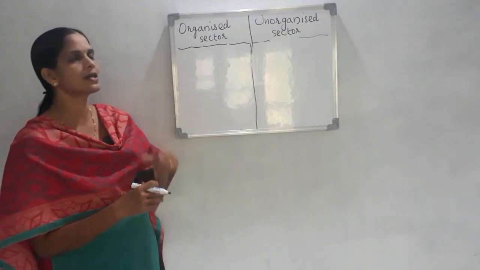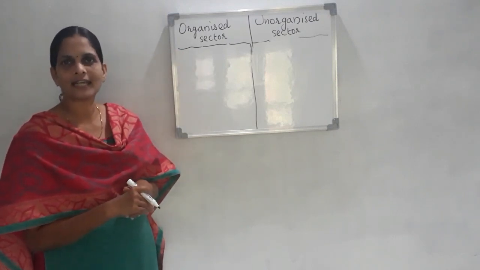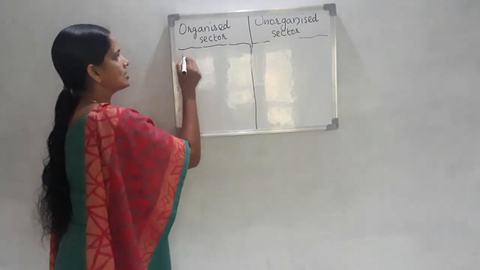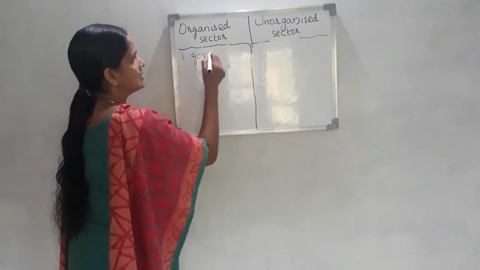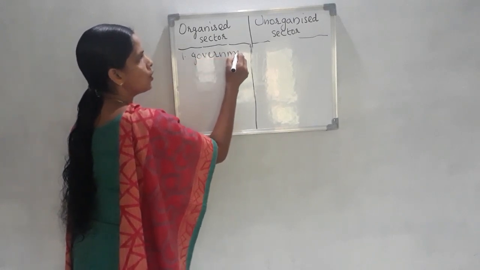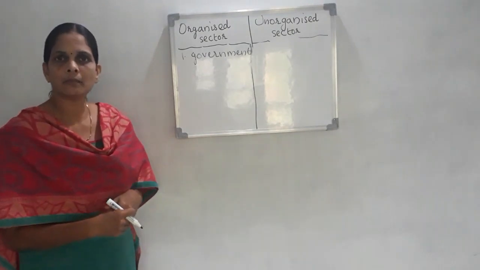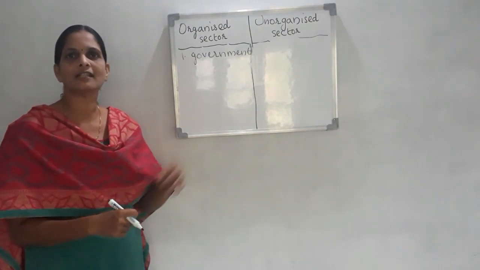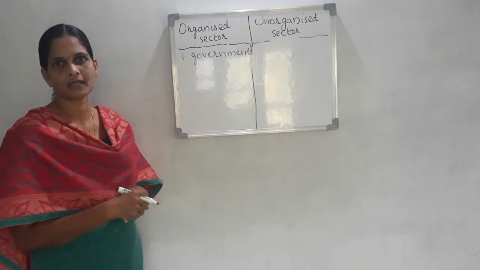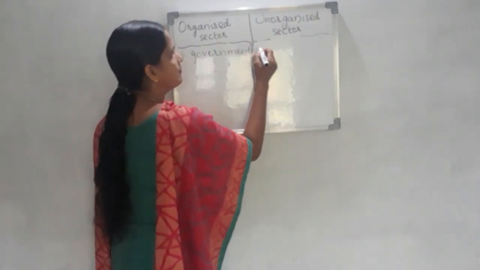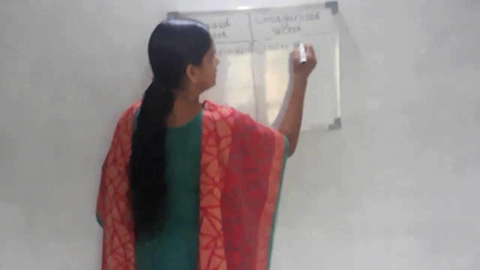The first is organized sector. The organized sector is the governmental sector. It's very easy to understand. Governmental sector means it is owned and managed by the government. The government sets the rules and regulations they have to follow. But at the same time, unorganized sector is the non-governmental sector.